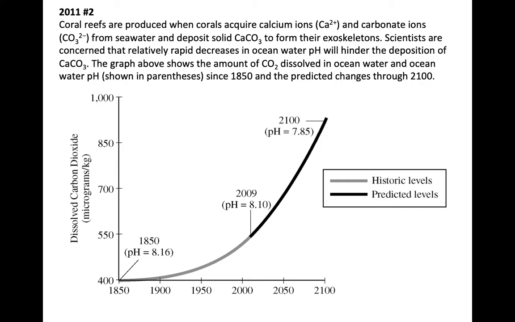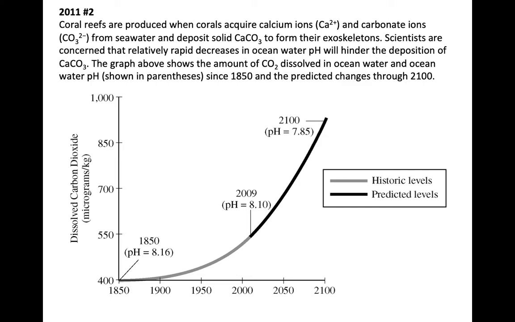Here we have coral reefs are produced when corals acquire calcium ions and carbonate ions from seawater and deposit solid CaCO3 to form their exoskeletons. Scientists are concerned that relatively rapid decreases in ocean water pH will hinder the deposition of CaCO3.